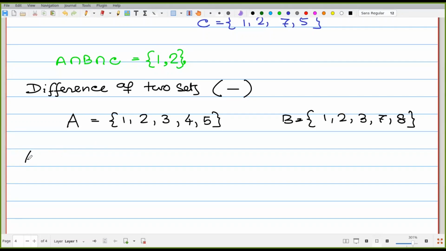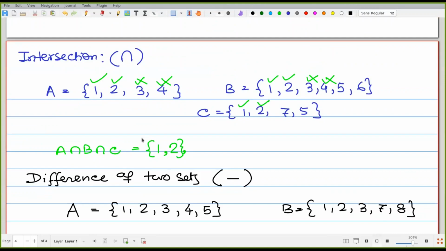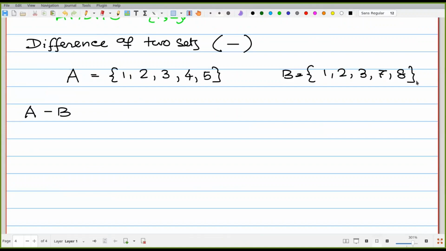Before proceeding with A minus B, once again I am saying that the intersection follows both the commutative and associative operations.